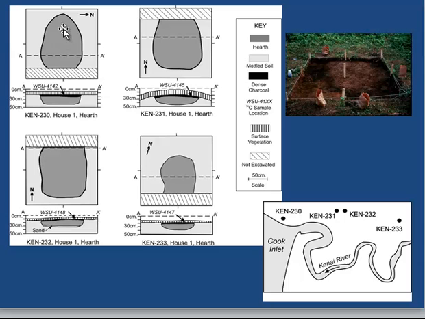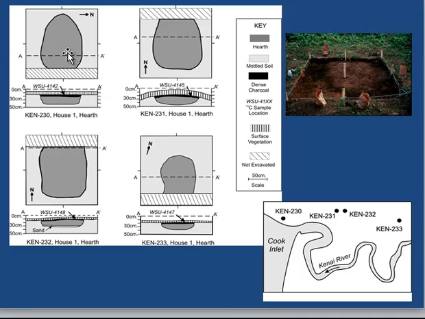And this is the top view. This is what it looked like as we excavated. This is the remains of essentially a log crib filled with sand. That's how the Denina built their hearths inside the house. I'll show you pictures of that later when we talk about Denina archaeology.